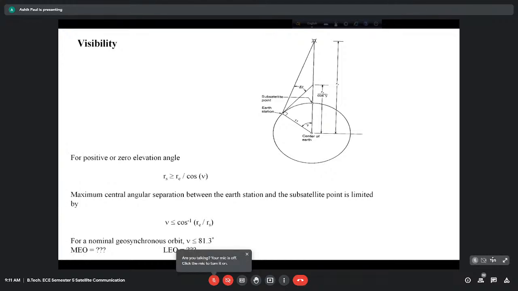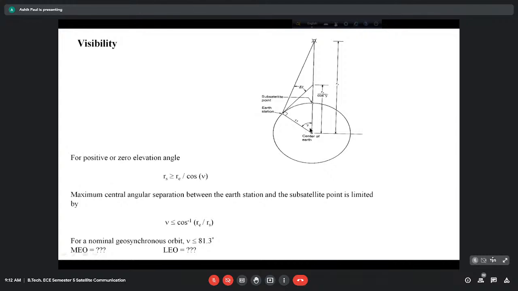And this is the central angle, that means between the radius of the Earth and the line joining the center with the satellite. The included angle is what we had already learned in the last class. It's the central angle, gamma. The calculation of this condition actually involves this estimation.